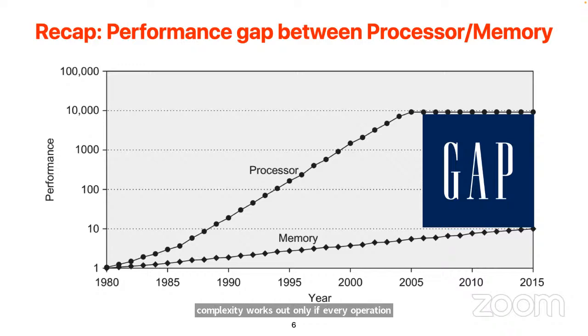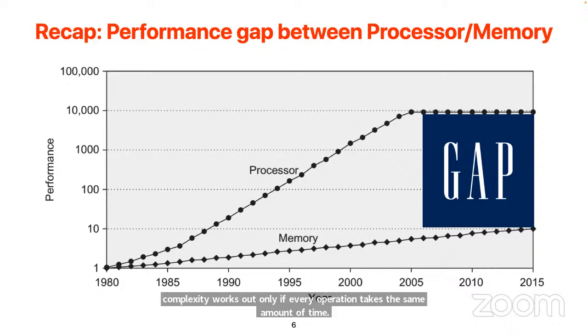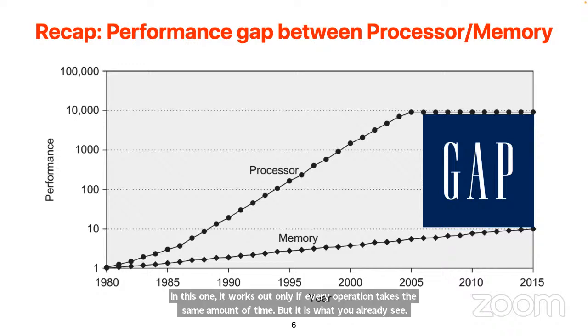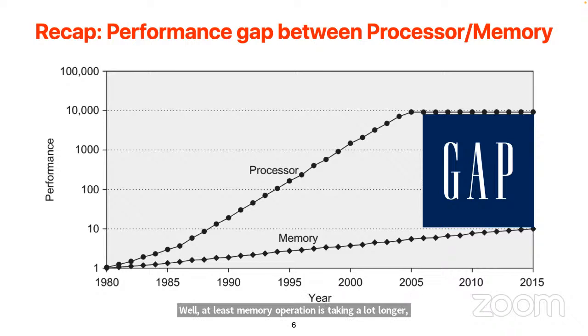But here you already see, at least memory operation is taking a lot longer. So everything involved in memory would break the assumption that algorithm complexity is based on.